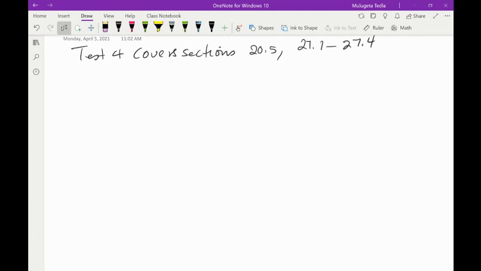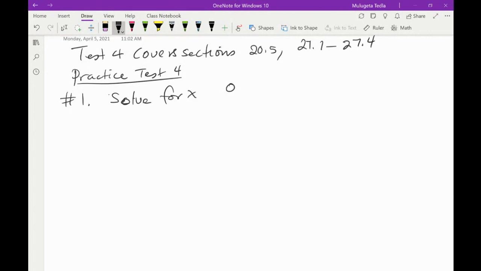Okay, so practice test now. Practice test 4. Number 1. Solve. These are solve for x, 0 less than or equal to x less than 2 pi.